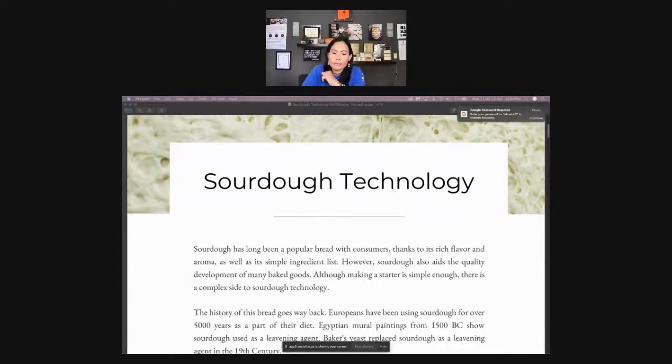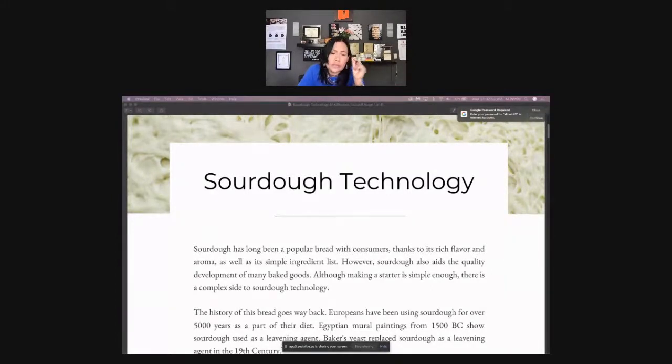Honestly, there are no shortcuts. Sourdough is a long process, and I'll be honest with you, one that is so full of hassle, so full of quality issues and so full of labor issues. And that's why it's not done frequently.